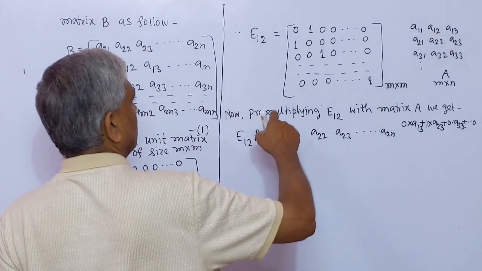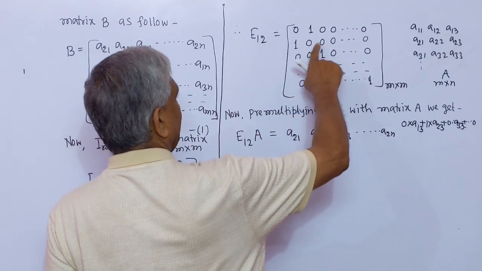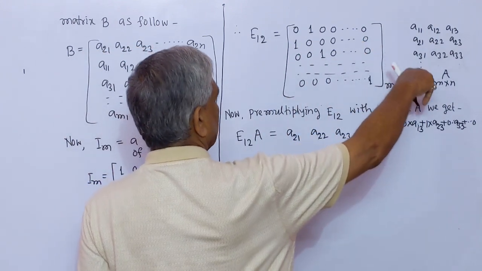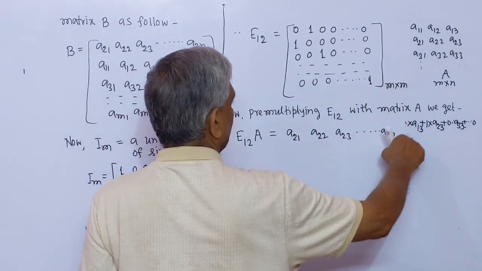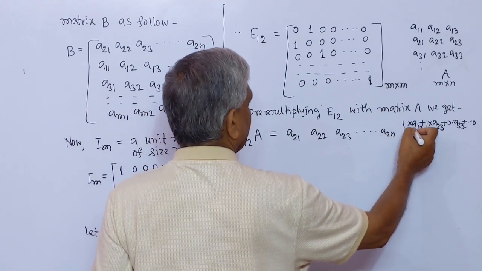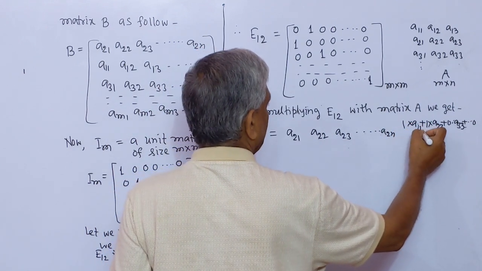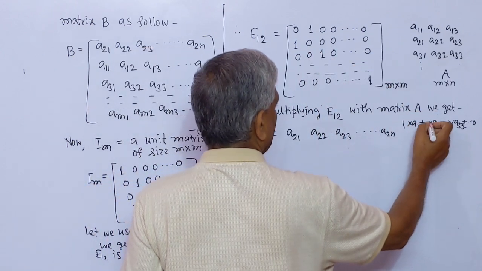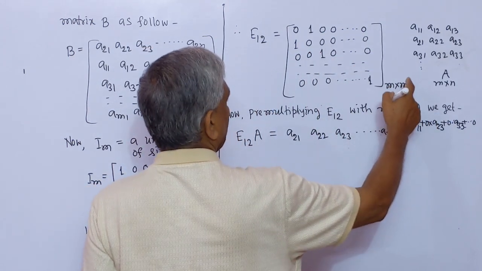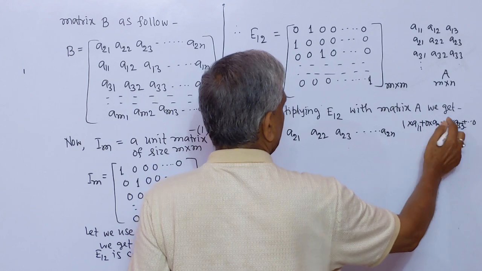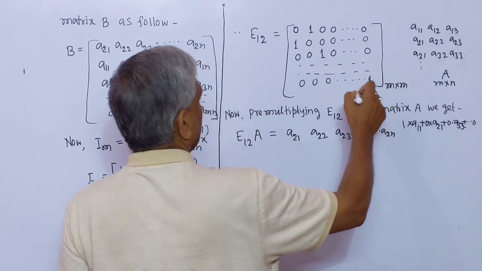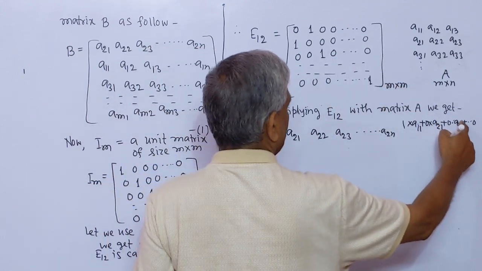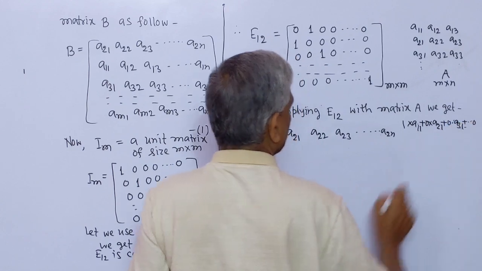Now we multiply second row, first column, means 1 multiply A11, 0 multiply A21, 0 multiply A31 and so on.